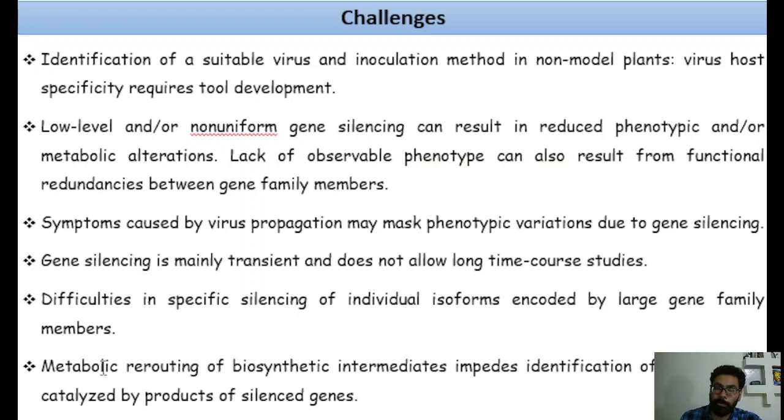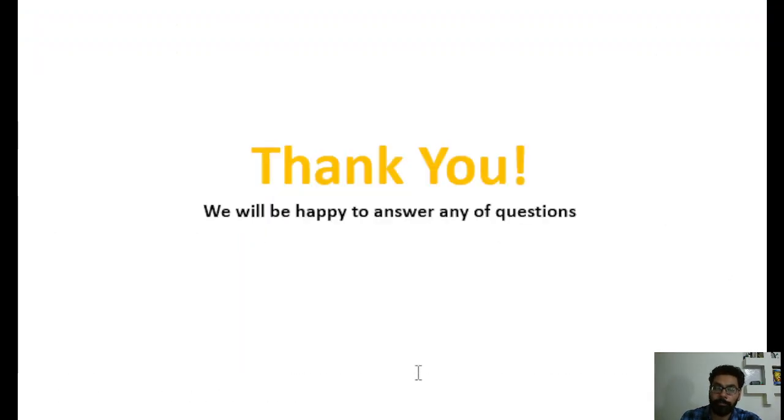Then metabolic rerouting, which we have already seen for different biosynthetic pathways, where different pathways can contribute to one product. So if we have to silence that gene, VIGS cannot be used for that.